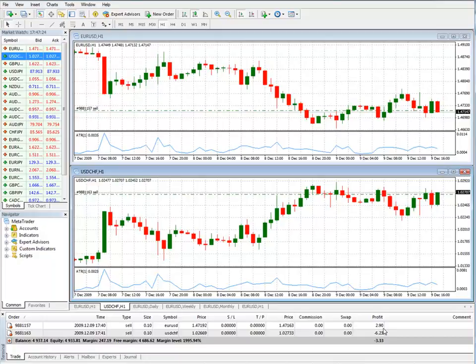When it moves into a profit, then you might want to sell the US dollar Swiss franc, and that will help to protect some profit, because if the euro dollar US dollar starts to go back up and is moving against you, the US dollar Swiss franc starts to go down, and you have an opportunity to grab some profit.